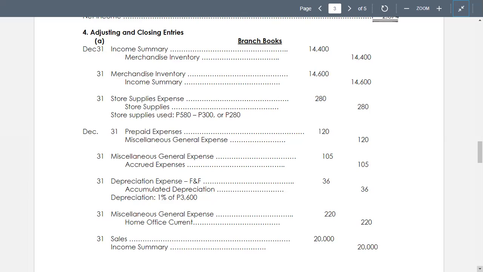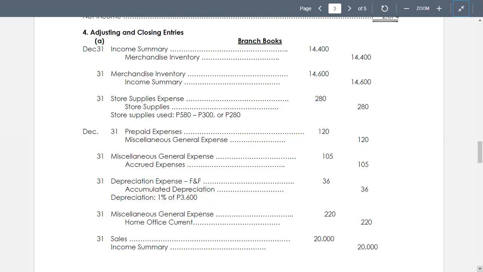Okay, so now in the books of the branch, we have the reciprocal accounts, including the account shipments from home office with a debit balance of 10,200 that appears on the debit side.